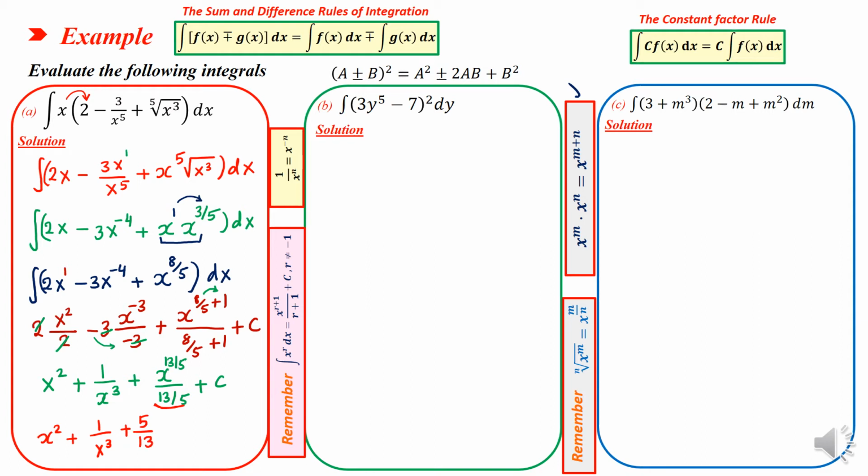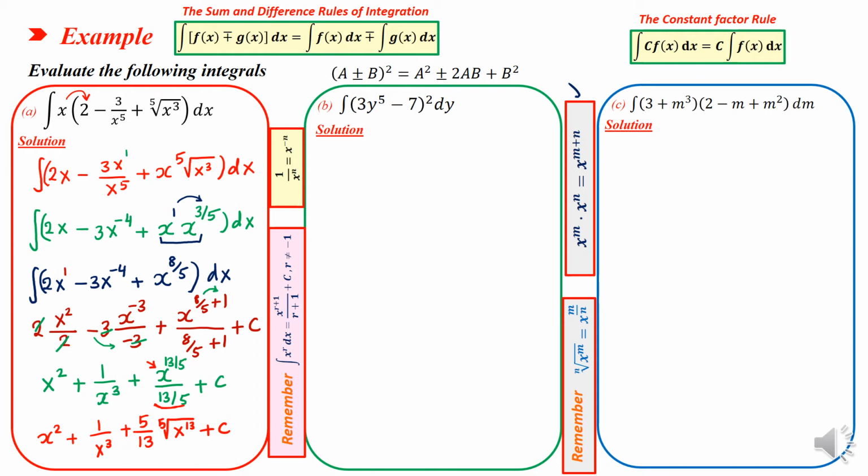You have to flip this fraction multiplied by x to the 13/5, and you have to rewrite it in radical form, and you will get the fifth root of x to the 13th power plus c. And this is the end of part A.